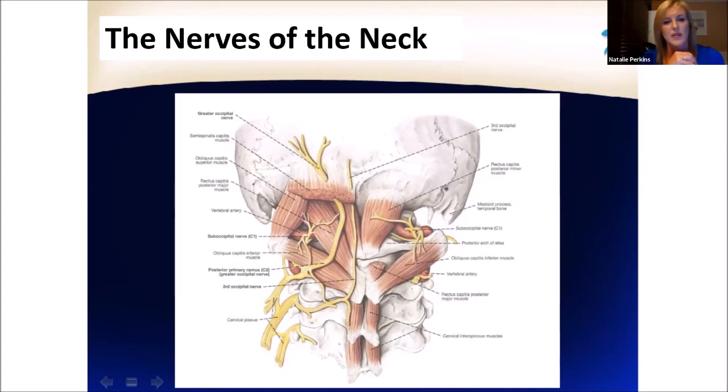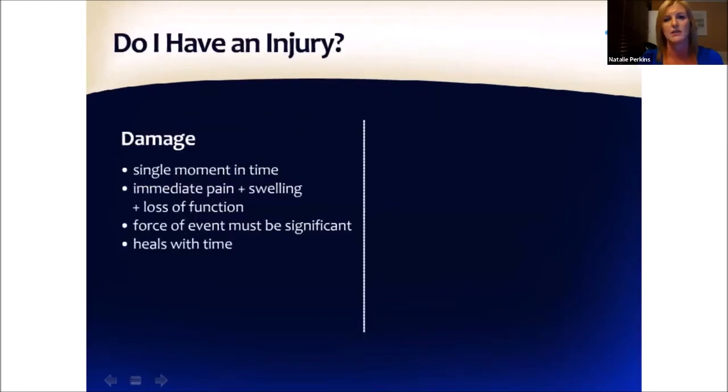Now, when I have patients come into the clinic with neck pain, a lot of times they get confused that I haven't really done anything. So very quickly, to put things in perspective so that you can help them understand why they might be getting their issue, I break all stories that patients come in with down to, is it damage or dysfunction?